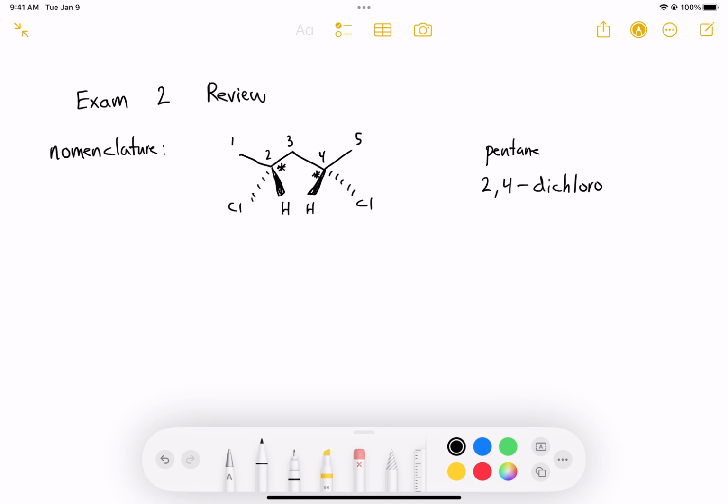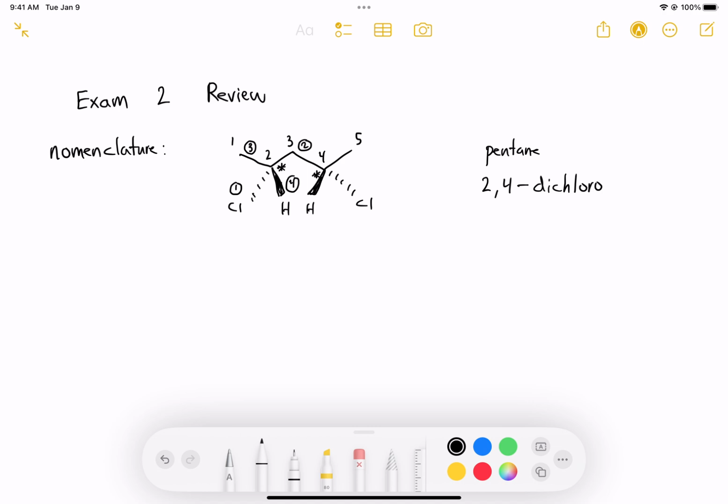Our first priority is the chlorine atom, so that gets priority 1. Hydrogen is priority 4 because it's the lowest priority substituent. And then the third group is going to be the alkyl group over here. And then the second group, not the third group, the second group is alkyl, and then the third group is methyl.